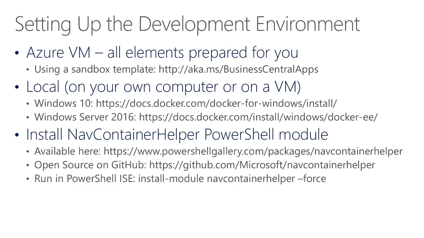So you don't have to go into the container in order to run those, because PowerShell works from outside the container, from the host, and even remotely. The NAV Container Helper module provides cmdlets for a variety of purposes, and they really make life so much easier for AL development.